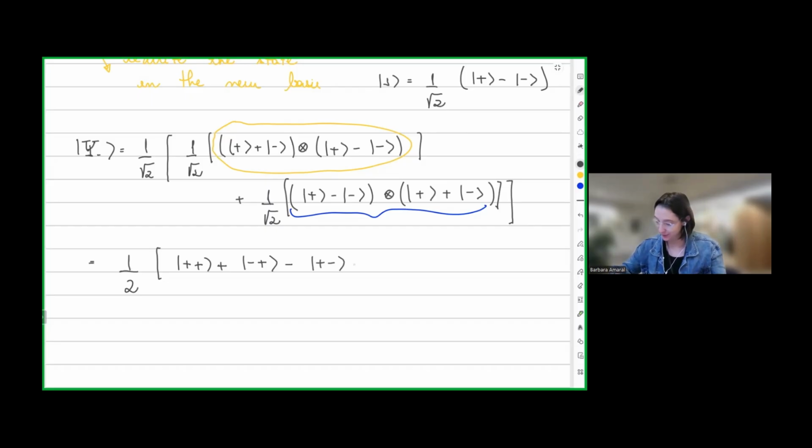Yeah, it's confusing. I know. There is a square root of 2 missing somewhere. I'll find out.